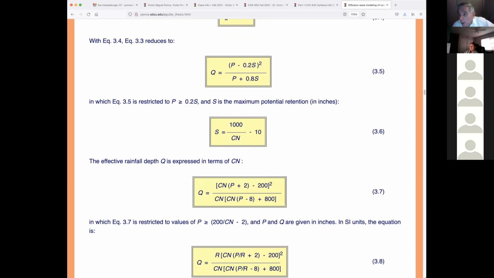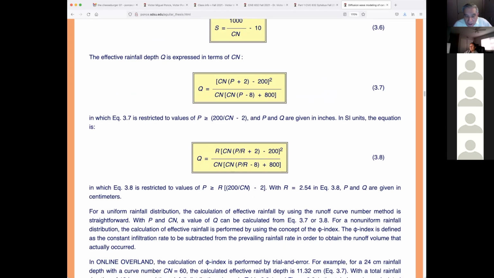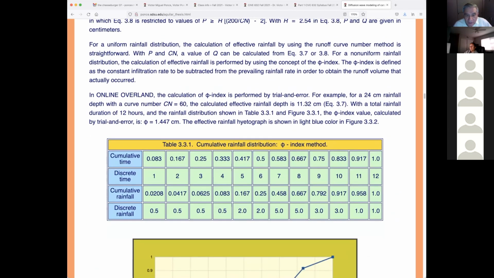But the curve number 1 gives 990, and that's what he also wanted. Curve number 1 is unheard of in floods, because there would be no flood. It would be 990 inches of abstraction, which is a huge amount, right? So this is the Runoff curve number method.